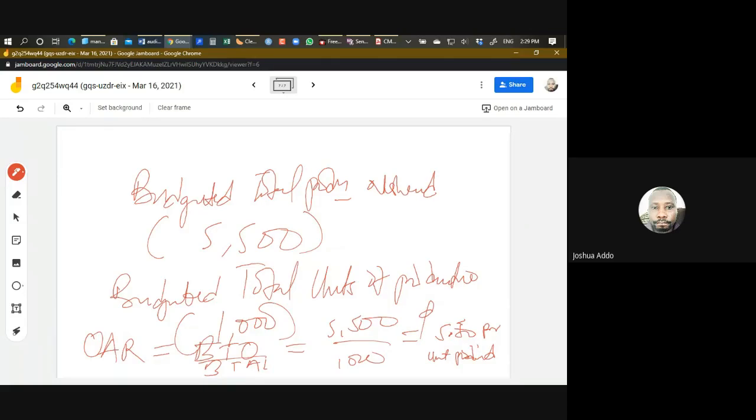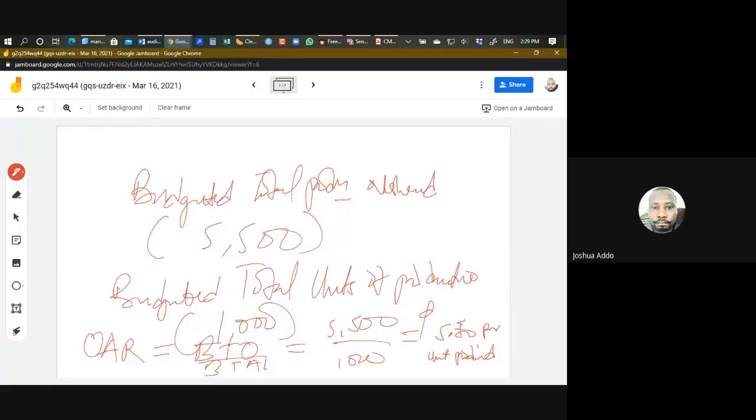And note this, if the basis of absorbing the overheads is unit produced, then the formula for the OAR automatically produces production overhead cost per unit.